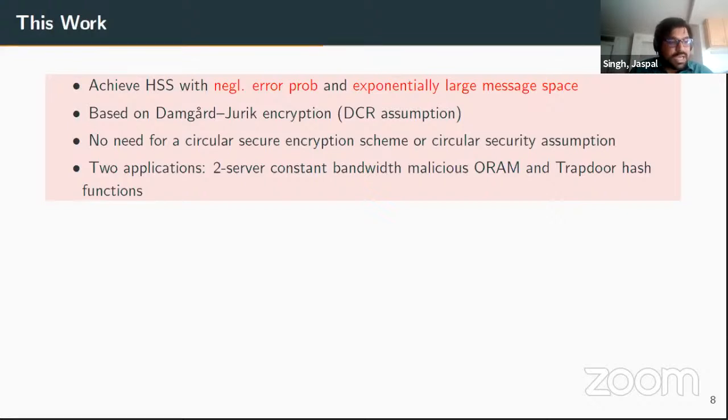Unlike all previous works, our construction does not rely on any circular security assumption or on a circular secure encryption scheme. I will also note that a concurrent work at Eurocrypt 2021 achieved similar results, but they based their construction on Paillier instead of Damgård-Jurik. You can find a more detailed comparison of our construction to theirs in our paper.